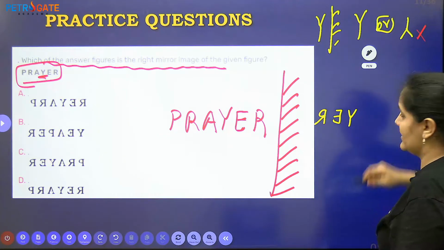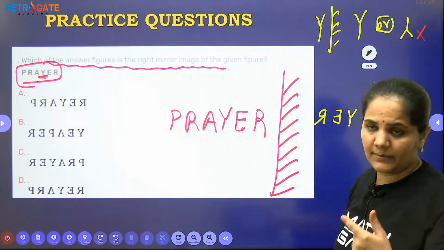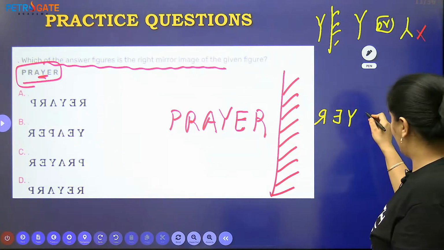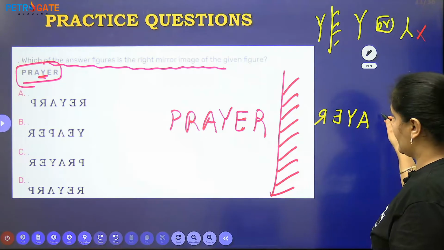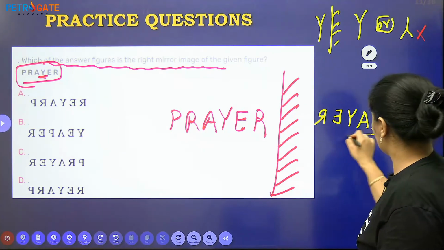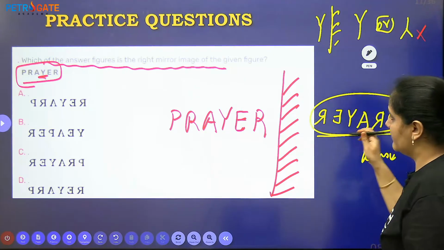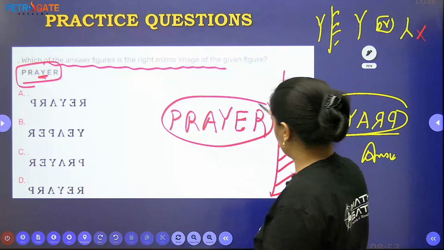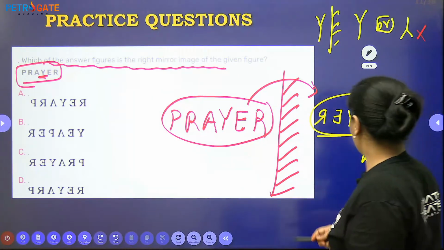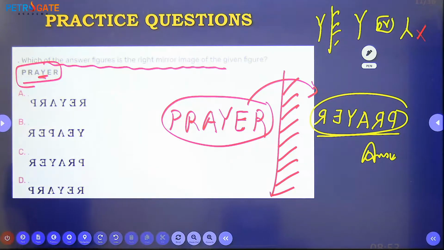Please don't consider this one; that is a water image, not a mirror image. When we go for A, it will be the same. When we go for R, yes, R will change. When we go for P, yes, P will change. So this will be the mirror image of the given word prayer. I hope it is clear. So this is the mirror image. When we go for this one, which option is satisfying? PRAYER.